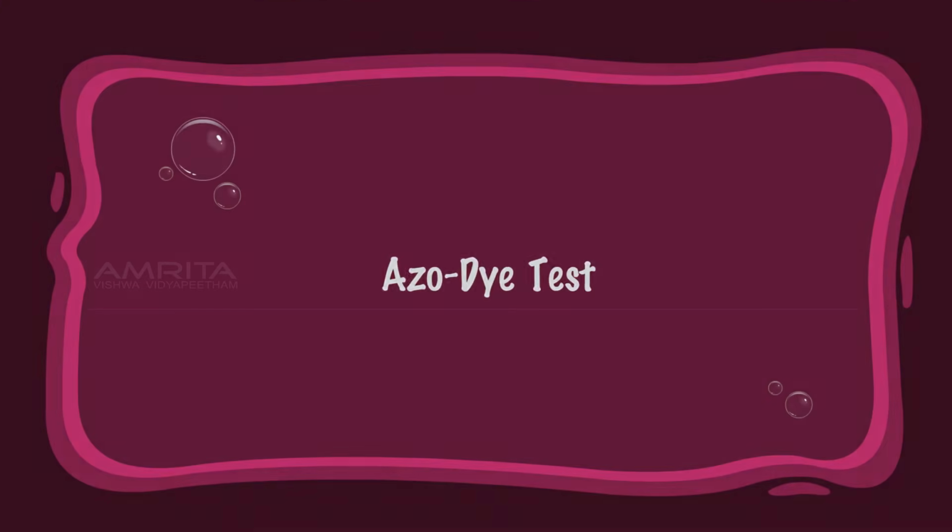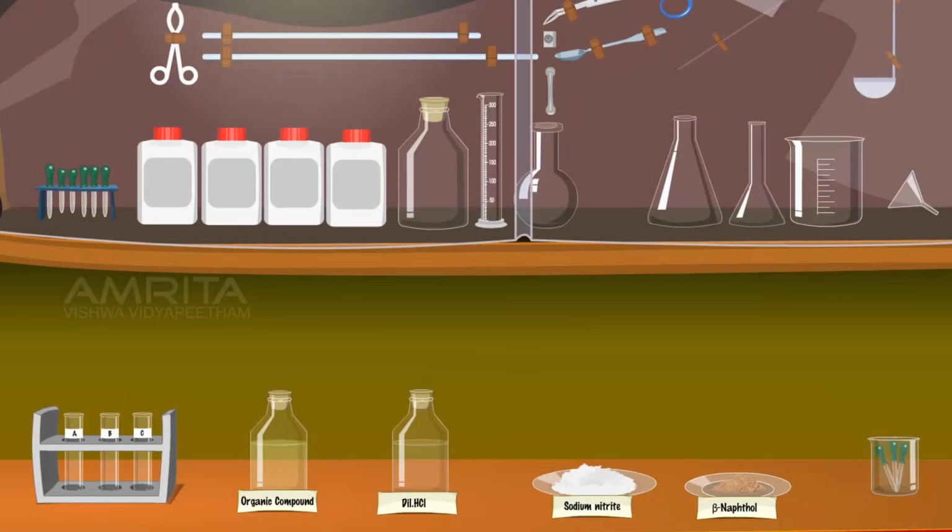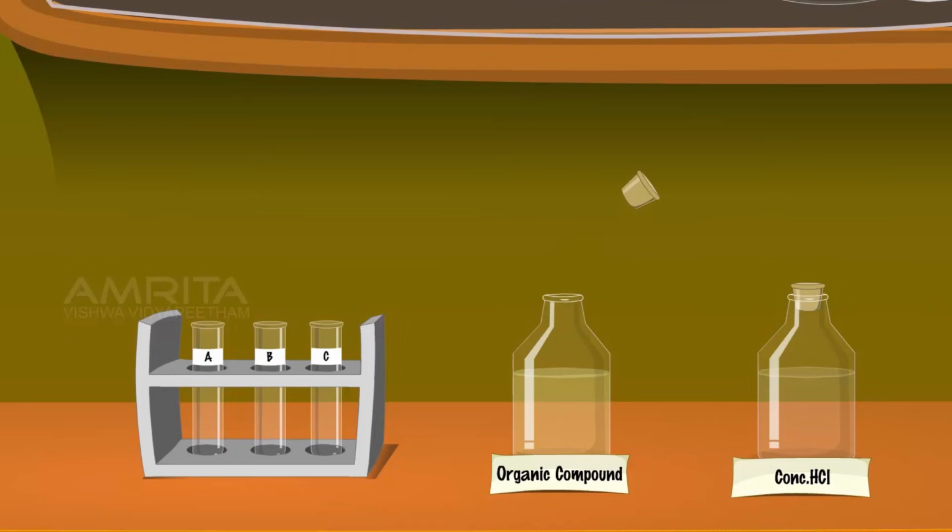Azo dye test. Procedure. We require organic compound, dilute HCl, sodium nitrite, distilled water, beta-naphthol, dilute NaOH, spatula, droppers, test tubes, etc. Take a small quantity of organic compound using a dropper and transfer it into the test tube A. Using another dropper, take small quantity of dilute HCl.